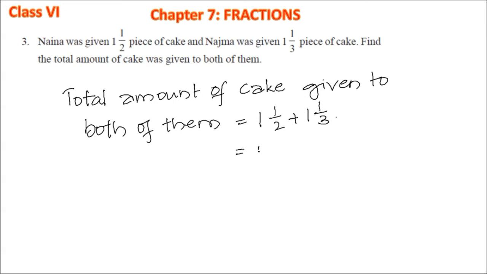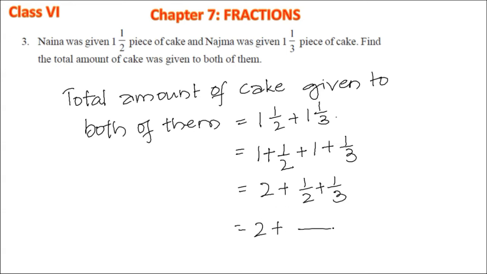As we had solved in another question, this can be written as 1 plus half. This can be written as 1 plus 1 by 3. Together it is 2 added to 1 by 2 and 1 by 3. LCM of these two numbers is 6. So 2 plus, this should be multiplied by 3, it becomes 3. This should be multiplied by 2, it becomes 2. 2 plus 5 by 6. Now you can write this as 5 by 6 along with a 2. This is the required fraction which was given to both of them.